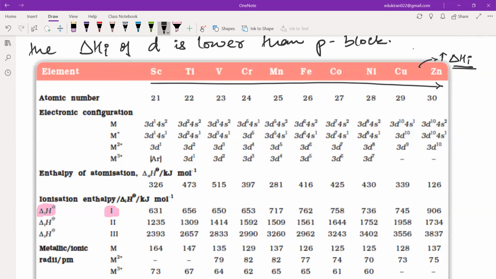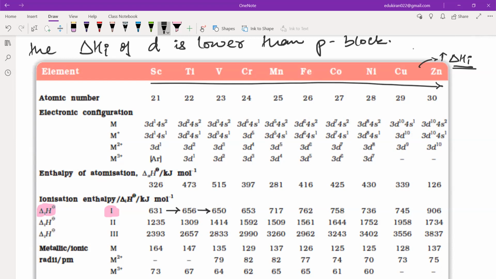Our reason is what? If whatever we have expected, that means increase in delta HI, is not present, then we will look for a reason. Now, when I go from scandium to titanium, is there an increase or no? Yes. What about titanium to vanadium?